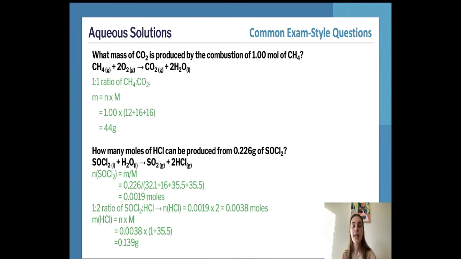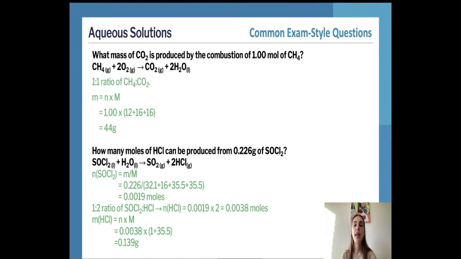So the only thing we need to consider for this is we know that we're putting in 1 mole of CH4. So because we maintain a 1-to-1 ratio, we can see that if we have 1 mole of CH4, we will produce 1 mole of CO2.